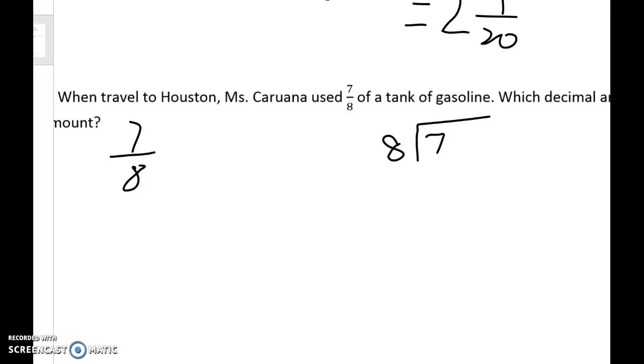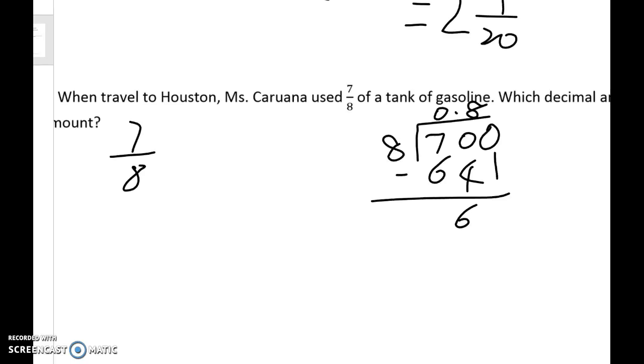7/8. So 8 into 7, 0 times, and then put a 0. 8 into 70, 8 times. 8 times 8, 64, minus, we get 6. Not enough, we put another 0, drop it down. So 8 into 60, 7 times 8, 56.